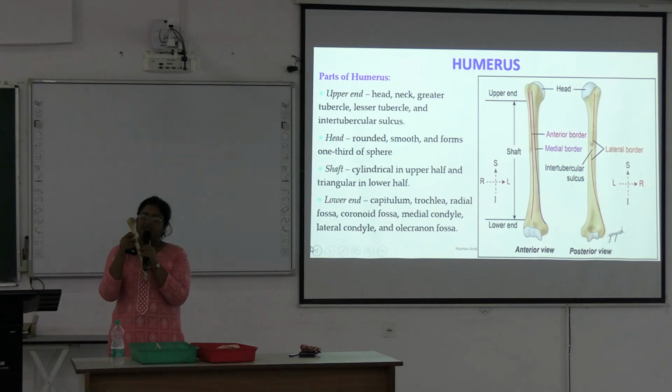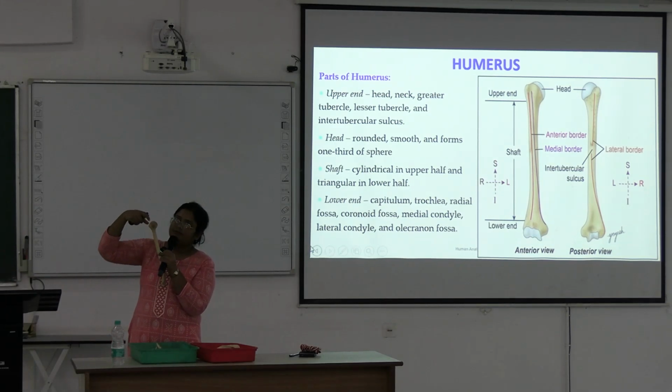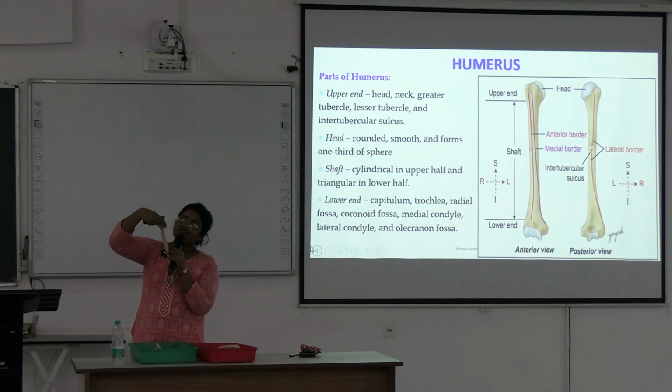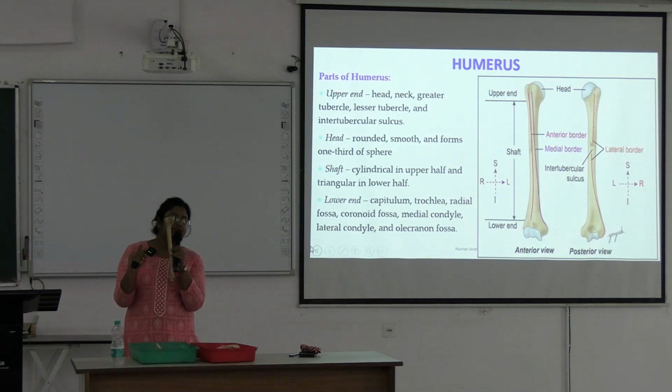Okay. And humerus has 3 types of neck. Just beyond this rounded portion, the constricted part is the anatomical neck. This constricted part between this expanded upper end and the shaft is known as the surgical neck of the humerus. And just 0.5 centimeter above this surgical neck lies the morphological neck.